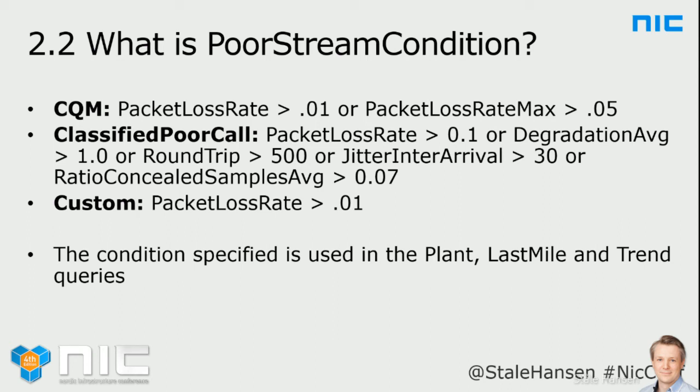So they made the default way of collecting the data by just looking at packet loss rate and packet loss rate max, which typically points out poor performing networks. Then, of course, you could do classified poor call, but the most value to the network department is where you look at packet loss.